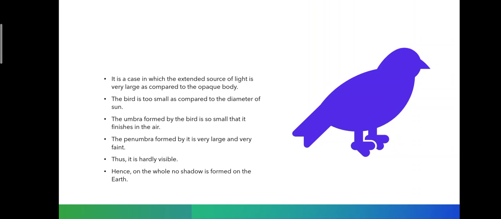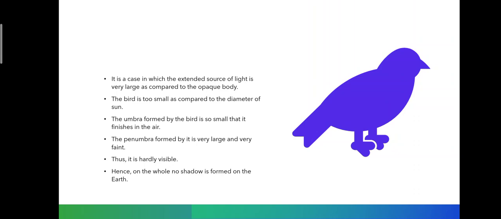Here the sun's rays come from an extended, bigger surface. The opaque body is the bird, helicopter or aeroplane.